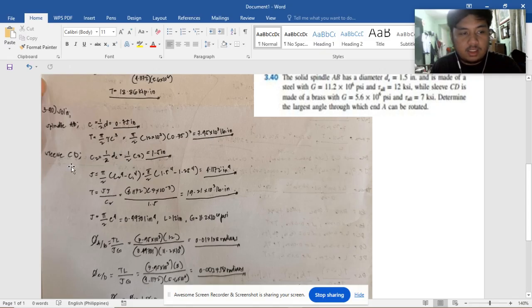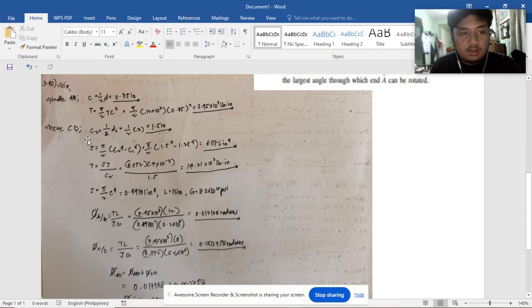For the sleeve CD, again the formula is c2 equal to 1 half D2, and you will have 1 half times 3 equal to 1.5 inches. Again, J is equal to pi over 2 times c2 to the power 4 minus c1 to the power 4, equal to pi over 2 times 1.5 to the power 4 minus 1.25 to the power 4, equal to 4.1172 inches to the power 4.